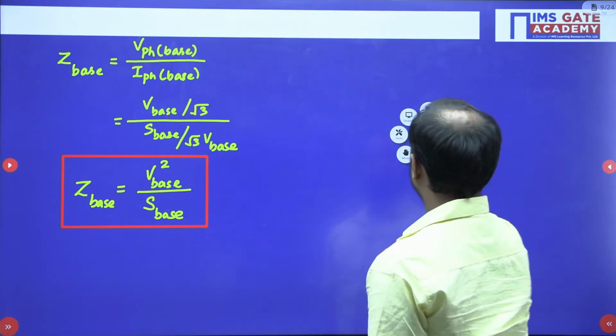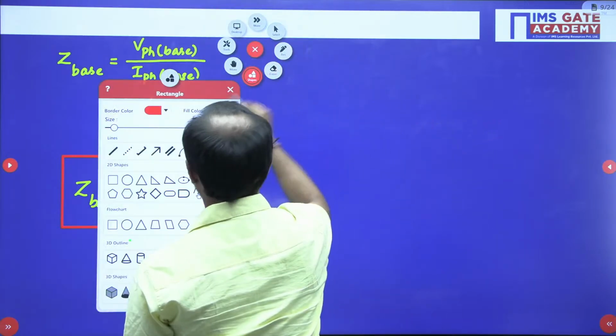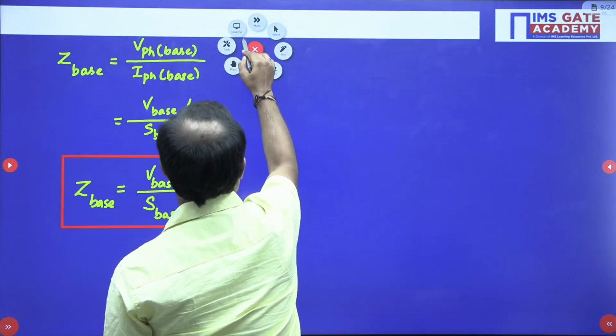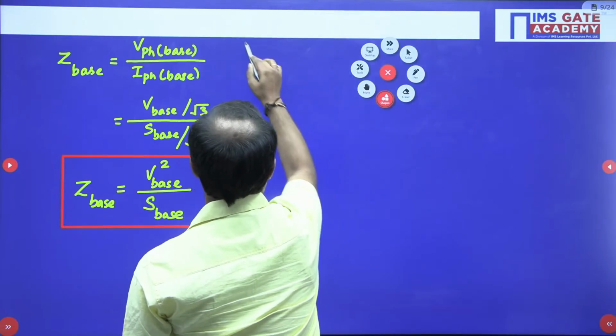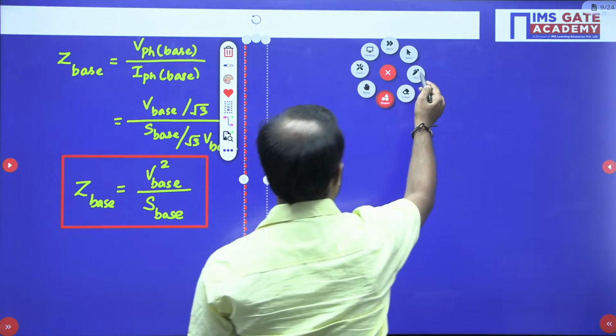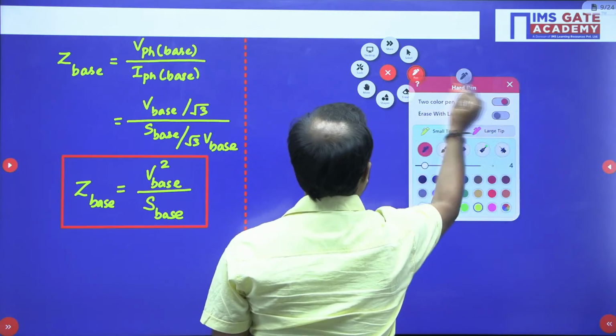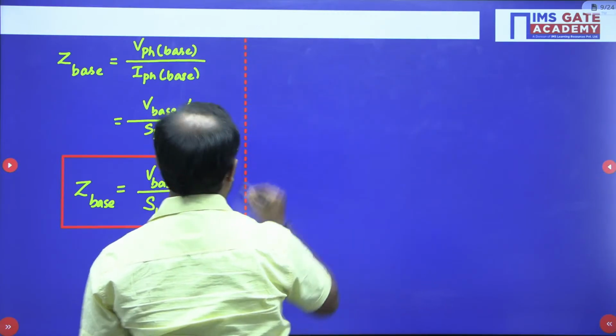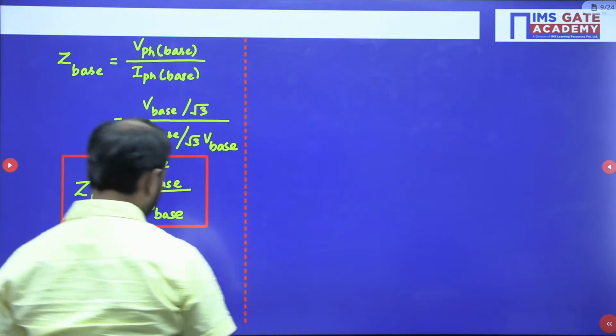Now since we have obtained the base values, let us find the per unit values of every quantity. Okay, so let me change the color first.